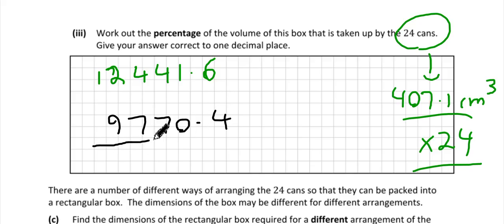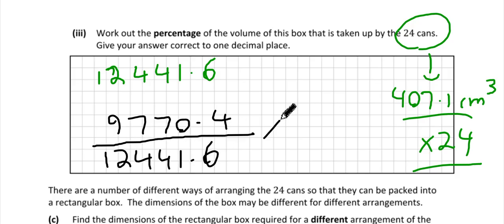Out of how much space available? How much space available in the box? And then multiply that by 100 to convert it into a percentage. 78.5%, to 1 decimal place. Anybody else confirm that?